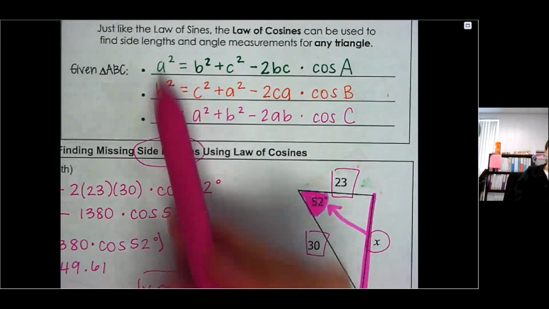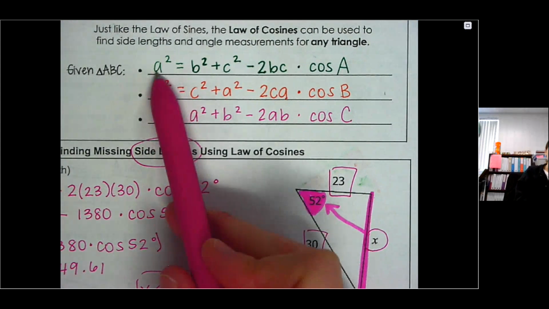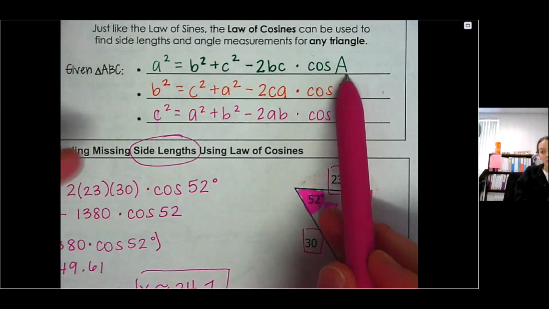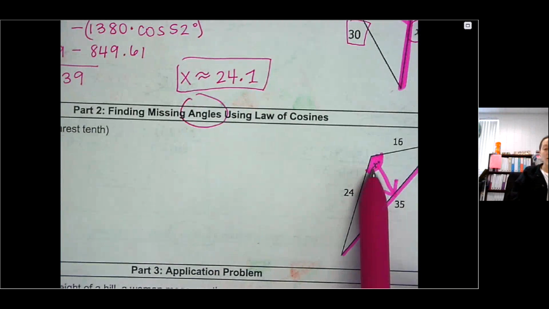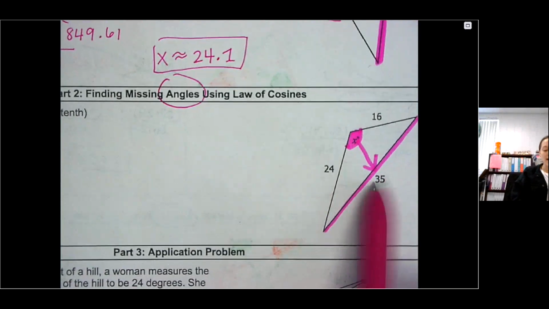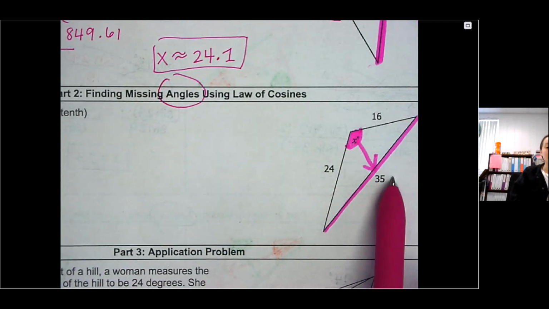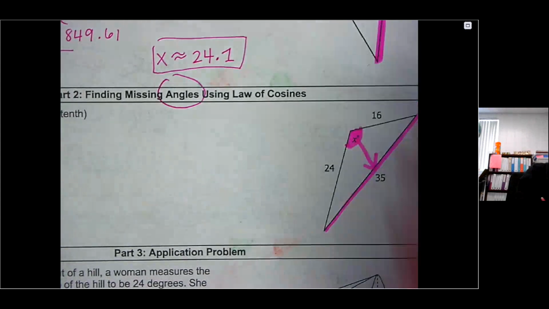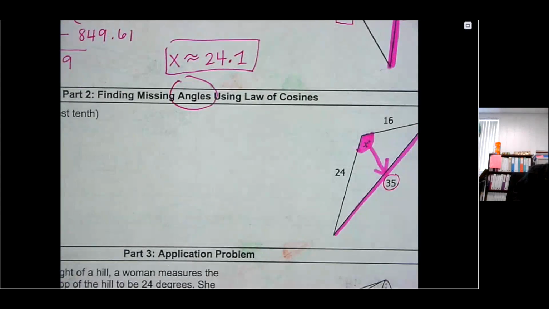always the side length, either that you're looking for, or it's the side length that is across from the angle that you're looking for. So since we're looking for an angle this time, across from that is the 35. That's the number that goes on the outside of my equation.